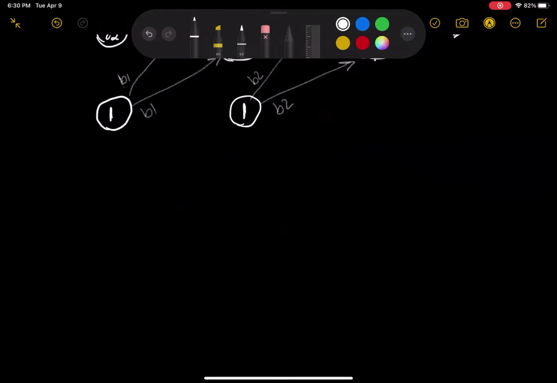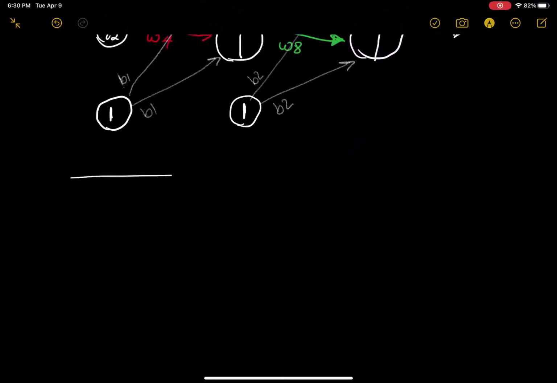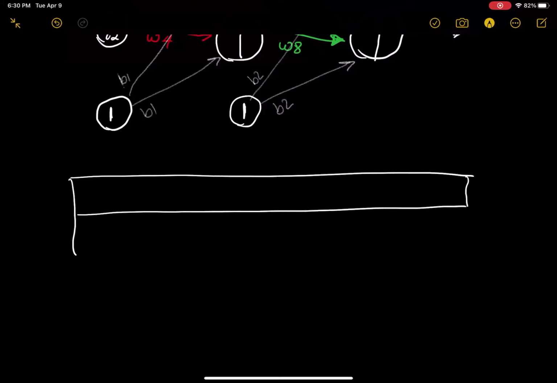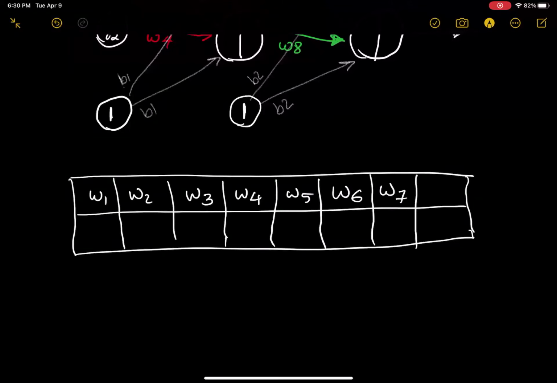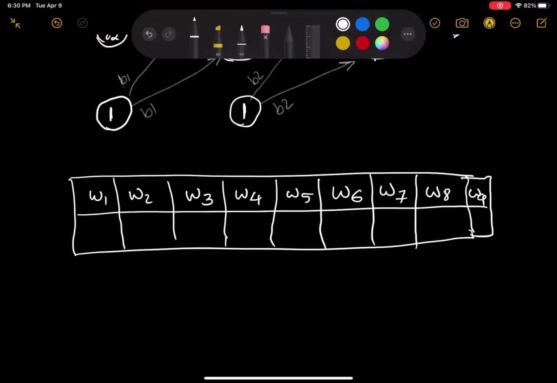So, okay, let me draw this. I might need to extend that, but that's okay. Here is W1, W2, W3, W4, W5, W6, W7, W8, and 9. We don't have 9, right? Why did I put 9?